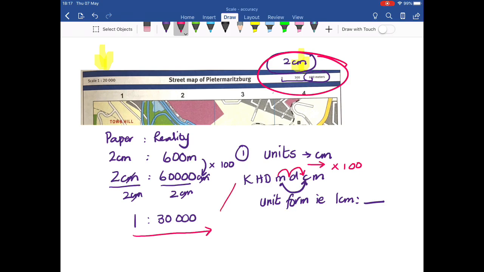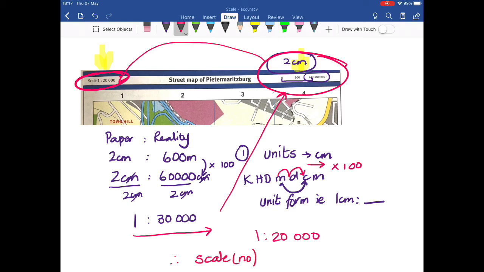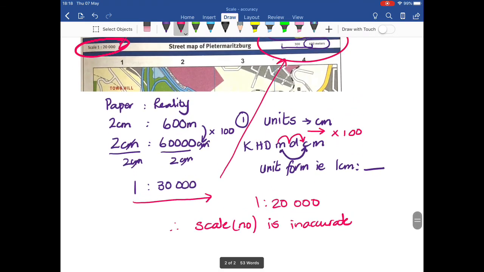Now I've converted that. I now have to compare it to what was given, and you can see that is 1 to 20,000. So therefore, scale, or the number scale, is inaccurate. How do I know it's the number scale that's inaccurate?